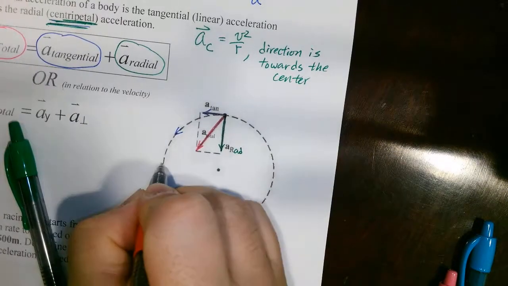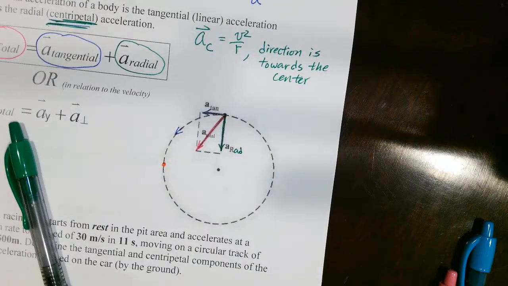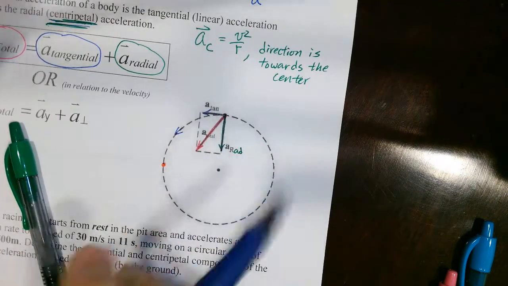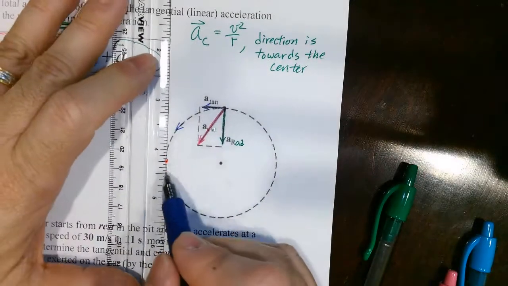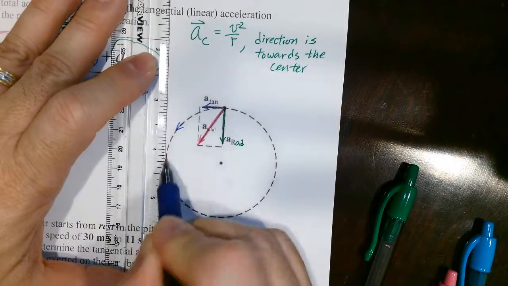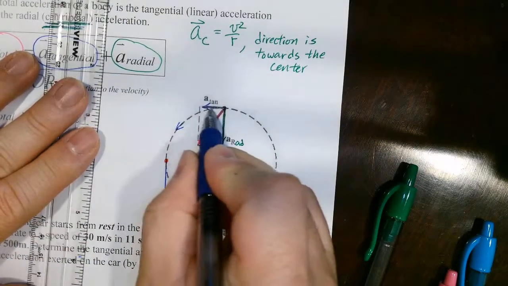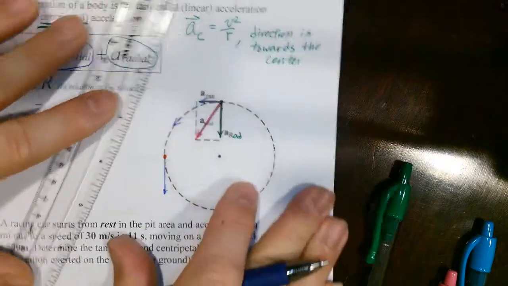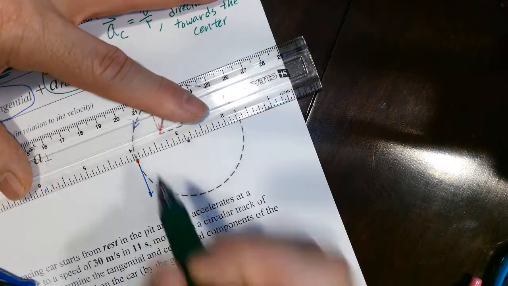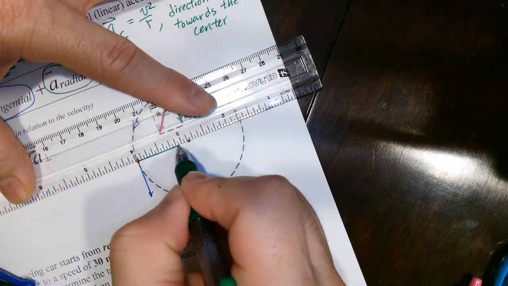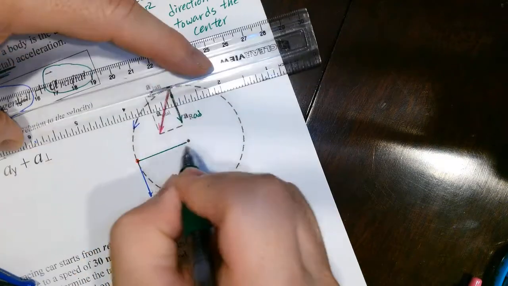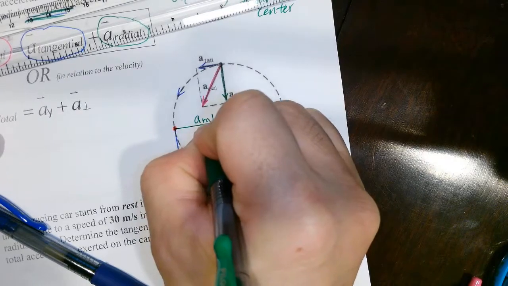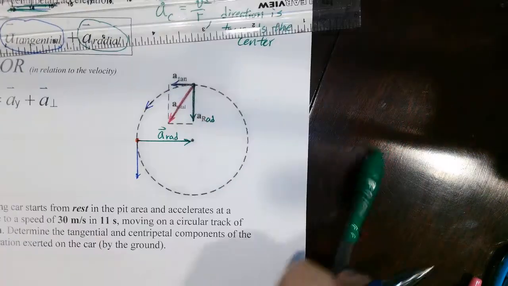Now let's take a look at what happens if this thing were right here. In this case, if we were speeding up, my A tangential would get bigger. So now it's like this big instead of this big. My radial acceleration, because it's speeding up, is most likely going to be even bigger than that. So here's my A radial, and here's my A tangential.